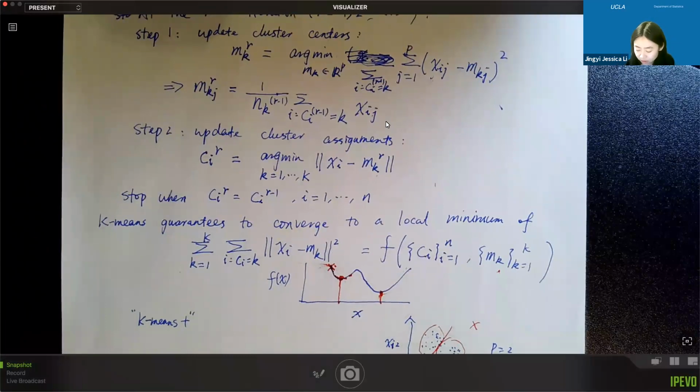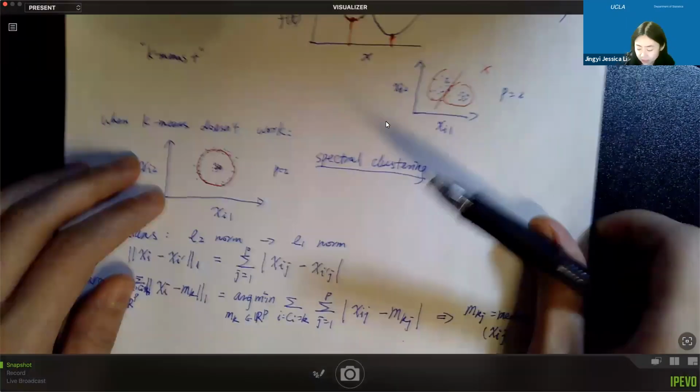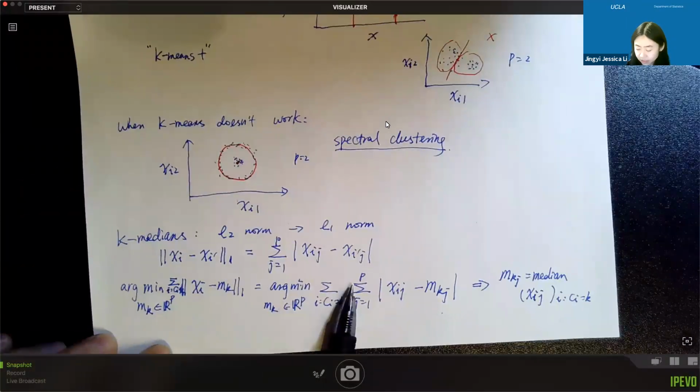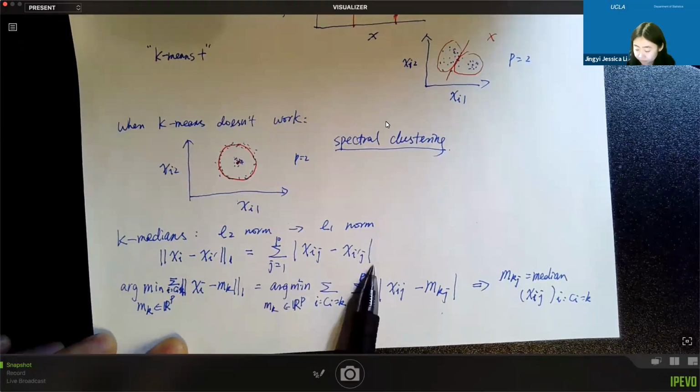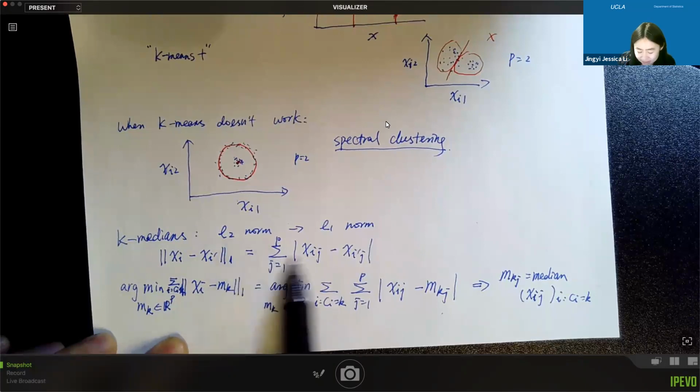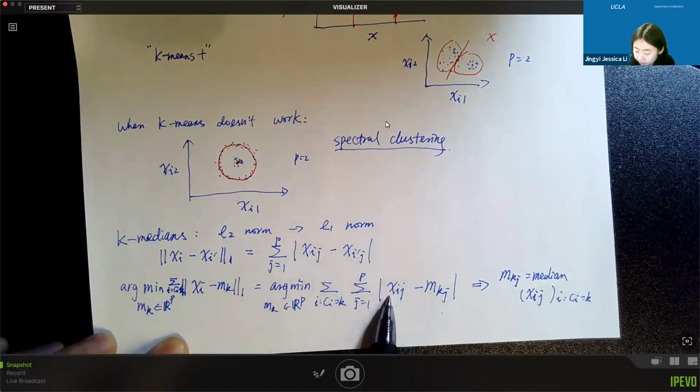Later we talked about K-medians, which has a different distance. Here the distance is defined as the L1 distance. That is, we define the distance to be the sum of the absolute differences in each of the p dimensions.